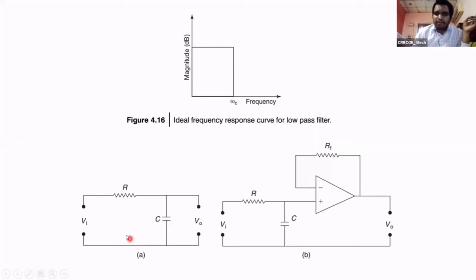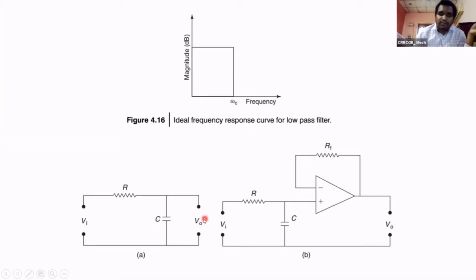What is the difference between passive filter and active filter? In the active filter we additionally have an op amp, means operational amplifier. The output from these two elements is given to the operational amplifier. Here we are getting some gain and some input impedance also. What is the problem with the passive low pass filter? The output voltage is lower than the input voltage.